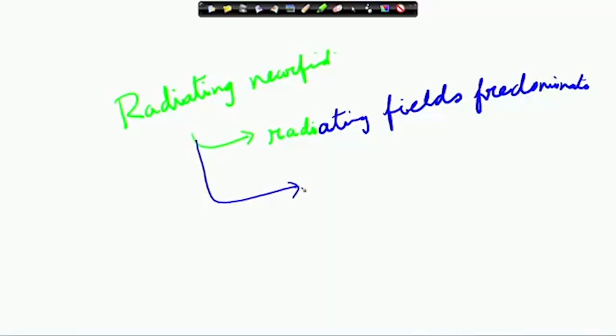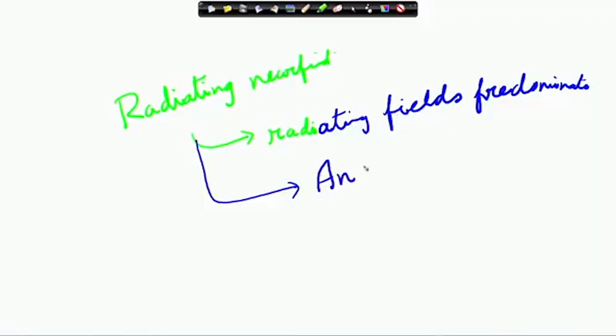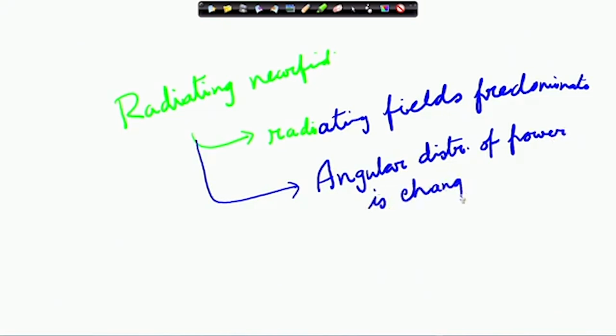In the far field also they predominate, but one important point is that here the power flowing in different directions, that means the angular distribution of power, is still dependent on the distance. As you change the distance, the angular distribution changes. So, angular distribution of power is changing with distance.